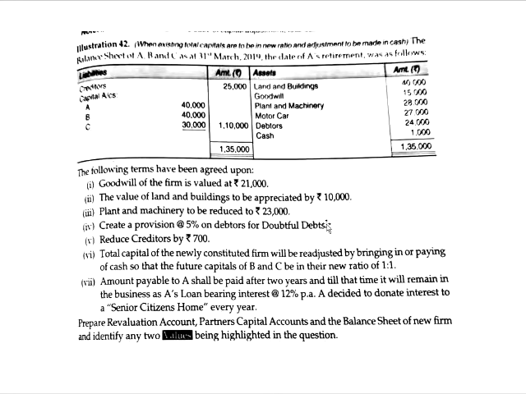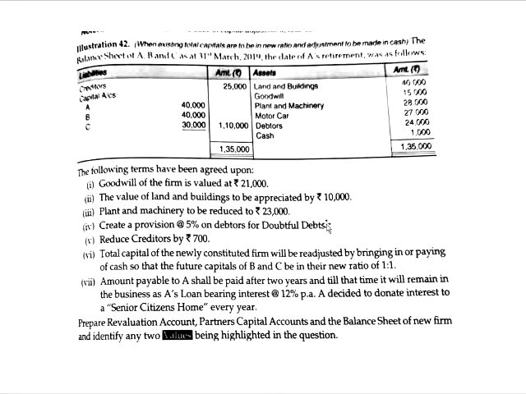I think you are getting that in this question the new ratio is also given, so there is no need to calculate the new ratio. And here the total capital of the new firm is not given, so you just sum the adjusted capital of the remaining partners.